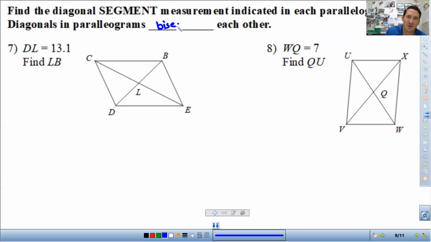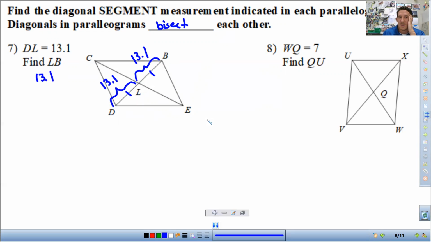So here are the tricky ones. It's going to be important to label things here. We're trying to find DL. DL is 13.1. DL and LB are the same, so LB is also 13.1.